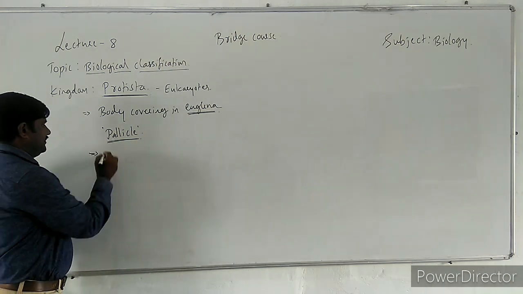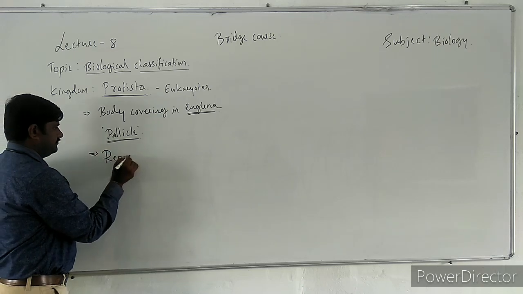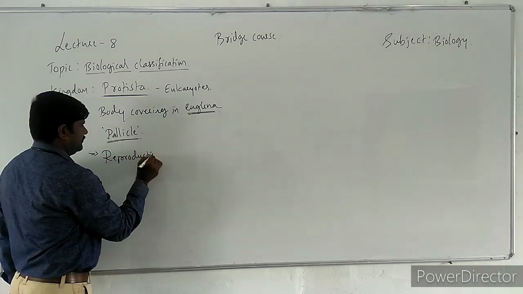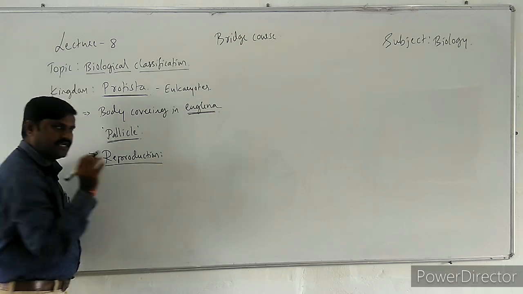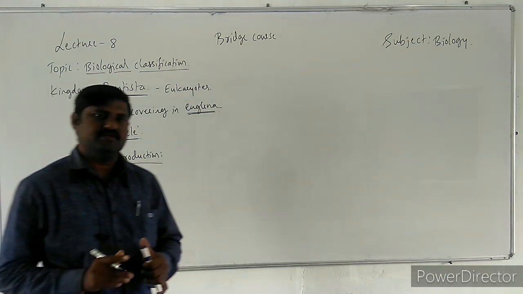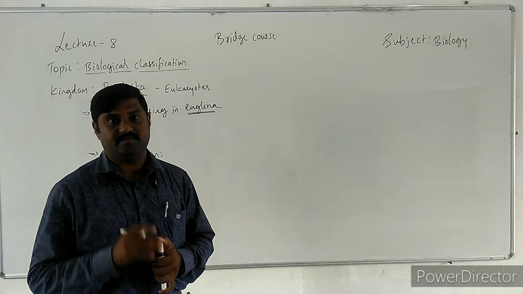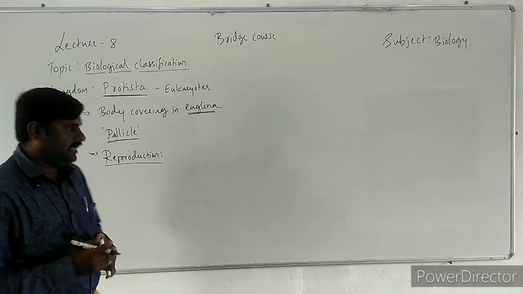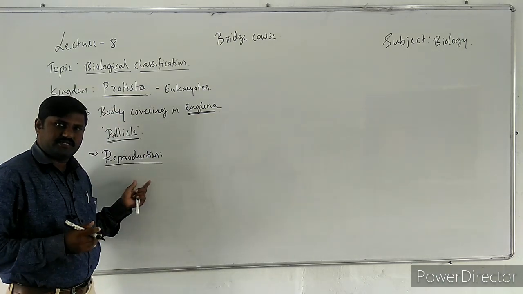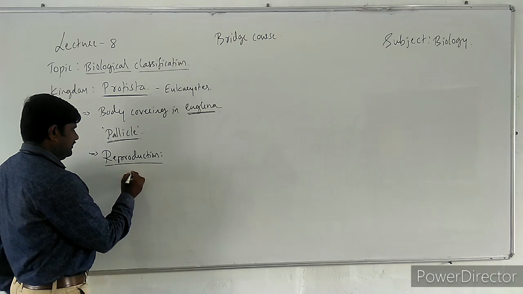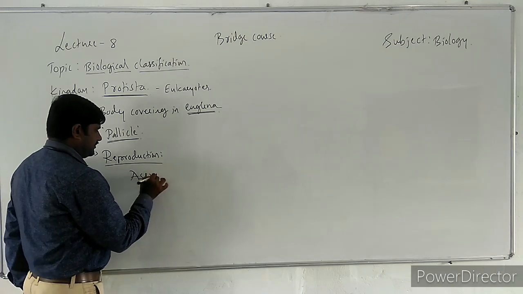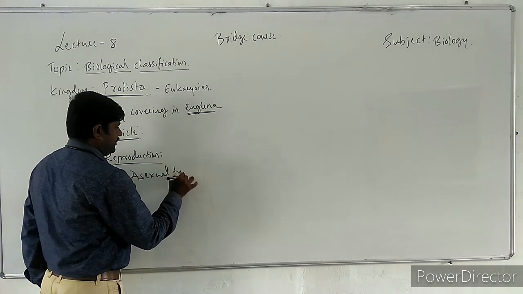And the next one is reproduction. These are also lowermost organisms. Most of the time asexual reproduction takes place, and sexual reproduction also takes place in these cases, right?